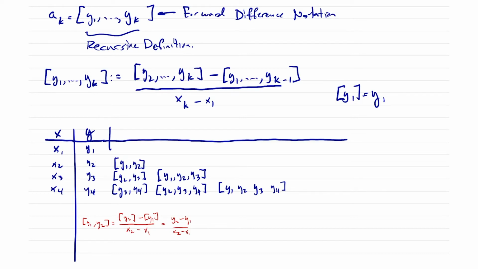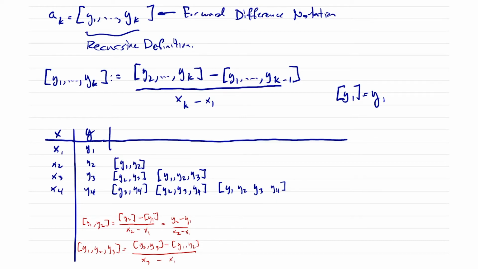Now, let's take a look at maybe a little bit bigger one and see what we get there. All right, so we're just trying to come up with a pattern that we can follow from this table. And so this one is going to give me y2, y3 minus y1, y2 divided by x3 minus x1.